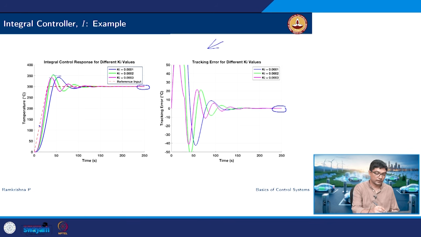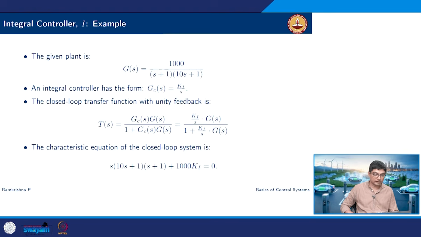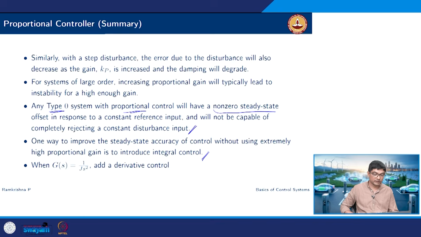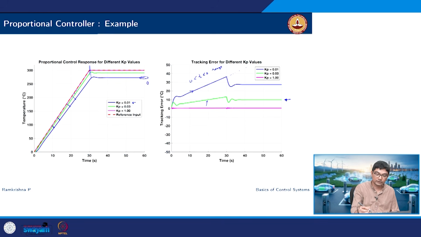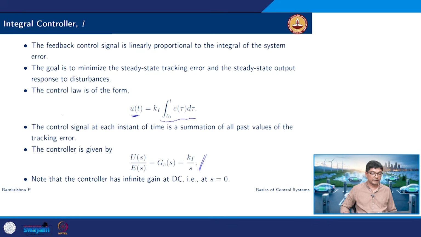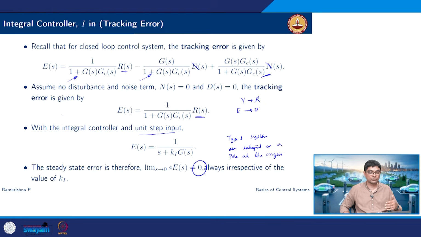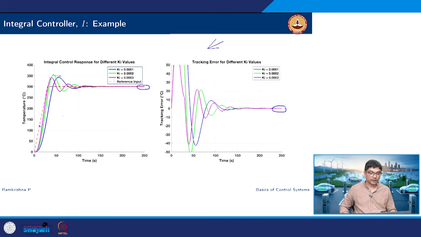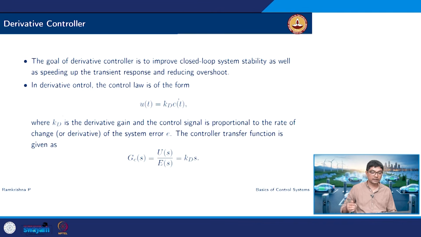If I just compare quickly, these plots were originally diverging, so the distance between the dotted red and the blue is always increasing and the green is always increasing. Here it decreases, and if I just go to the steady state, it just stabilizes to a certain value. Now that is good. I can reject disturbances as well.